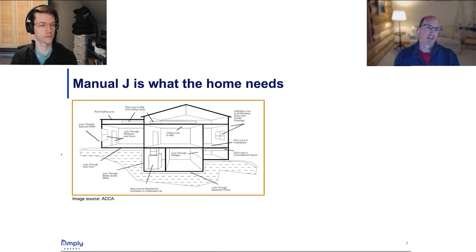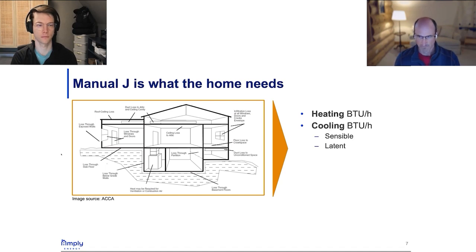So just to touch on Manual J, remind folks that may not be familiar, Manual J, again, is what the home needs. It is a methodology for modeling the heat gains and heat losses in a home. And on the cooling side in particular, it allows us to calculate what's the sensible cooling load and the latent cooling load. And that's for conduction, convection, radiation that's happening in the home through the winter and summer seasons.